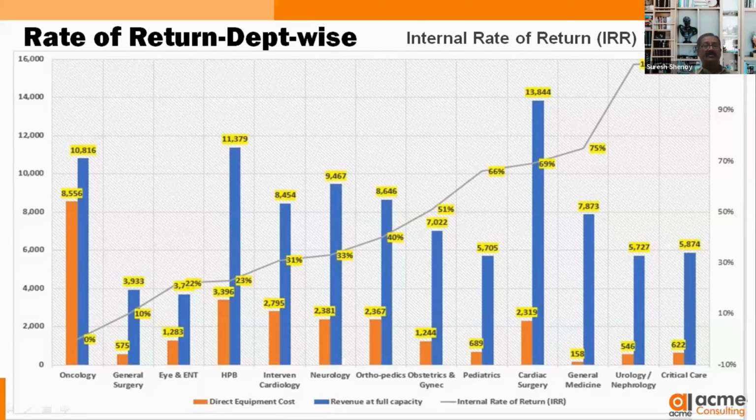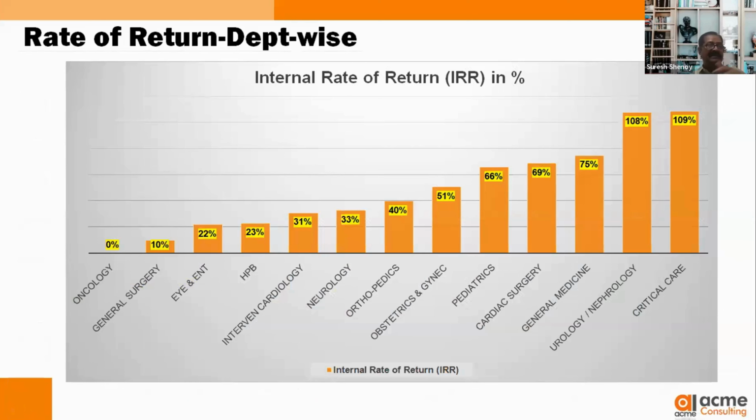So what you understand from this is that the critical care has the maximum ROI in this study. For your convenience, the next slide shows an easier understanding. Now we have shown in a graphical method from the oncology 0% to the critical care 109%.